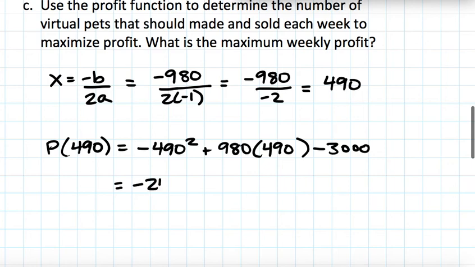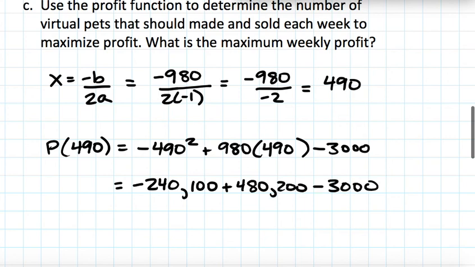Make sure you square 490 and then make it negative here. Plus, this is going to be 480,200 minus 3,000. When you add all that together, you get 237,100.